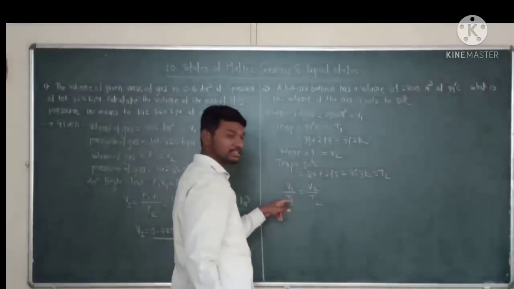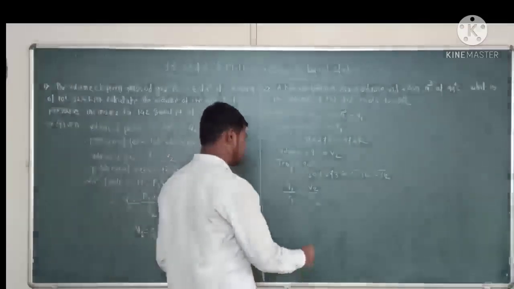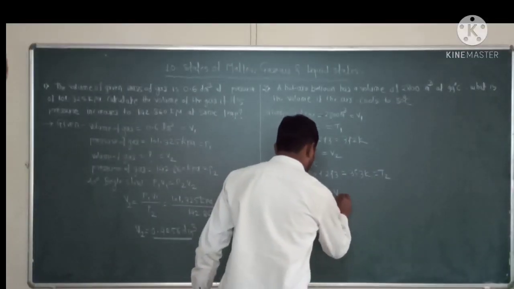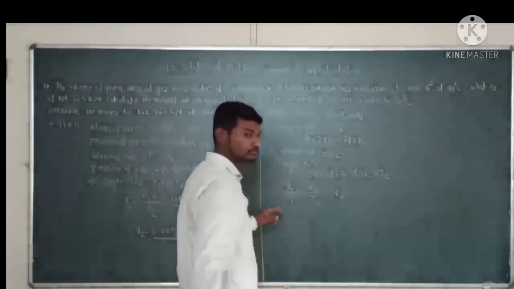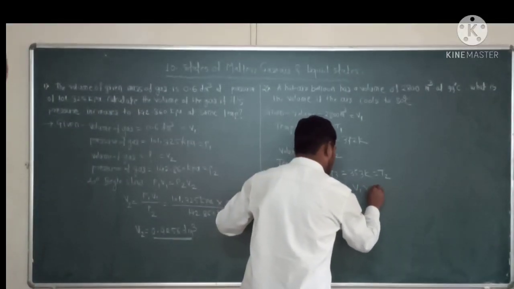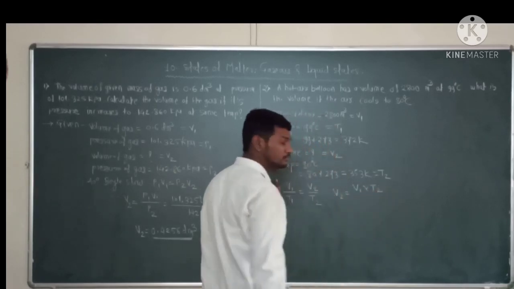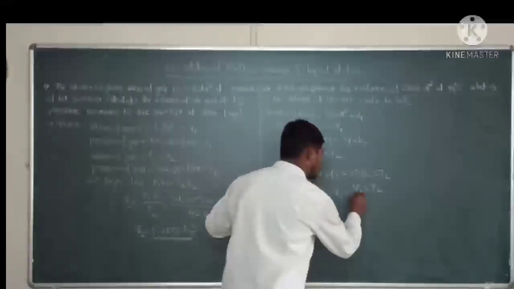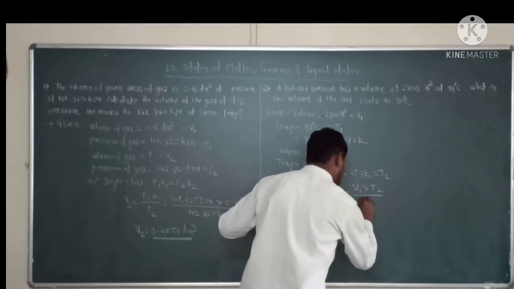Rearrange this equation and we get the new equation, that is V2 is equal to V1 into T2 divided by T1.